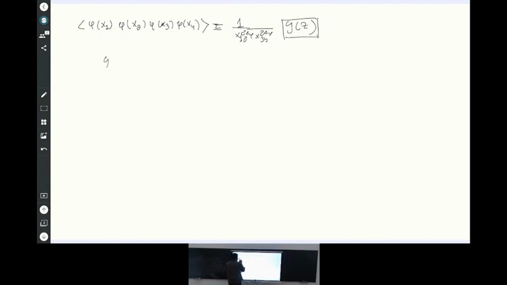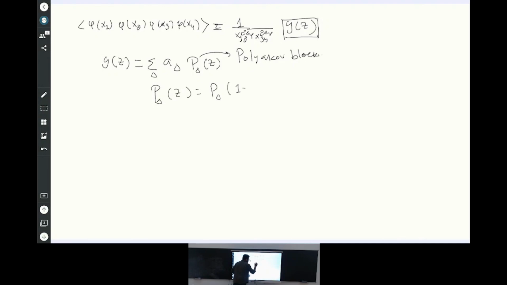This correlator can be expanded in terms of blocks, which are called Polyakov blocks. These Polyakov blocks are crossing symmetric on their own. So therefore you don't gain any extra constraint by demanding the crossing symmetry.